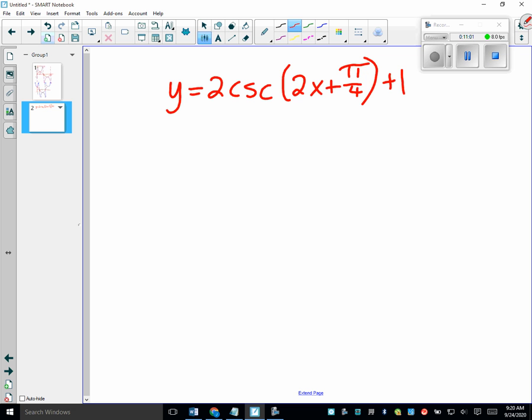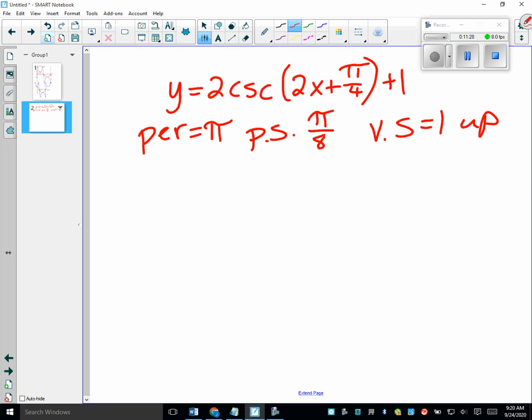What is my phase shift? Pi over 8. Do we agree? Everybody okay with that? And what's the vertical shift? Up, right?